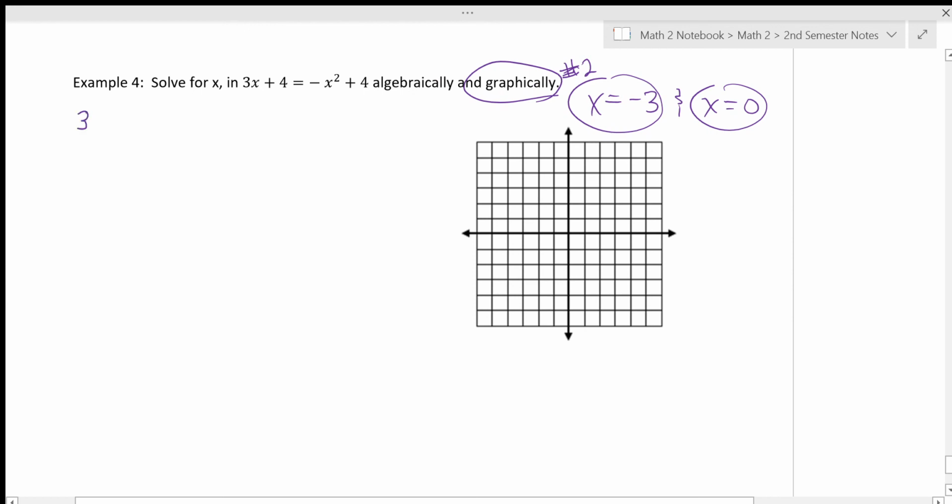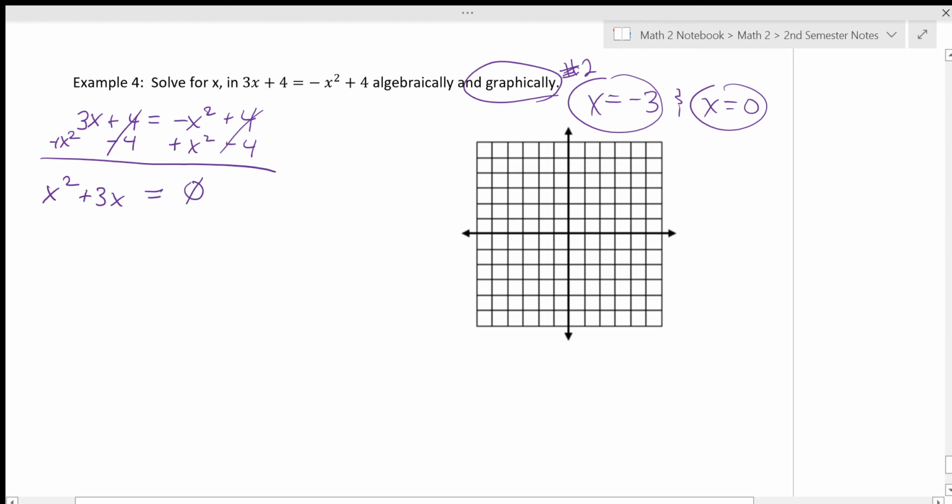So we're going to solve it algebraically like we were doing on those previous examples. Again, I don't want to have a negative x squared, so I'm going to go ahead and move these to the other side of my equation. Okay, that's going to give me a positive x squared. I still just have my 3x here, and then my 4's are going to cancel out. So I'm just going to have x squared plus 3x equals 0.